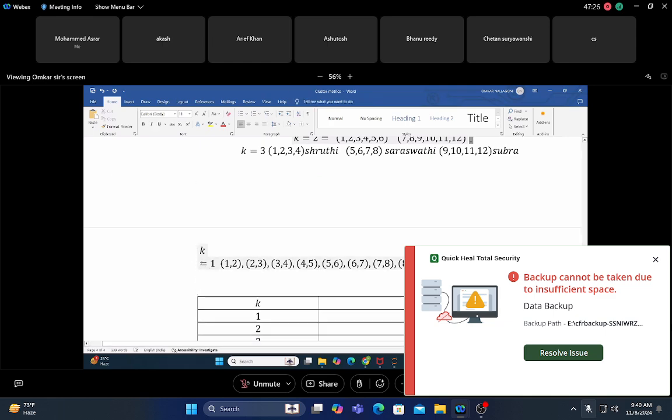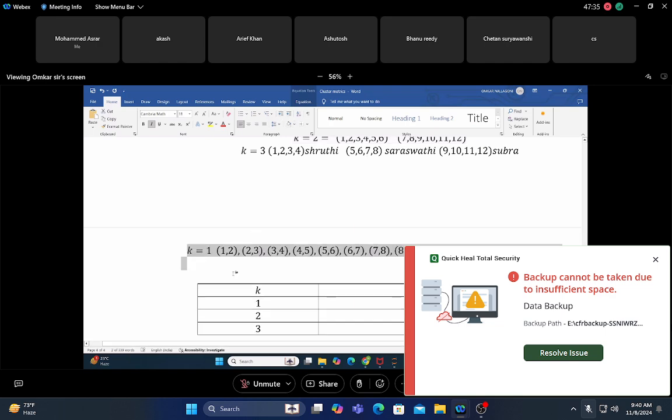For K is equal to 2 clusters, you divide into 2 parts. Then you have one list, another list.